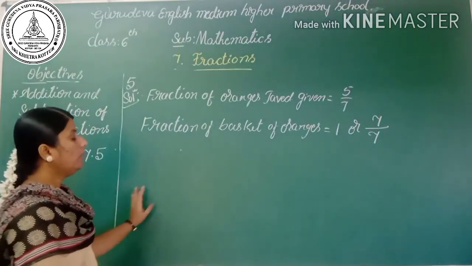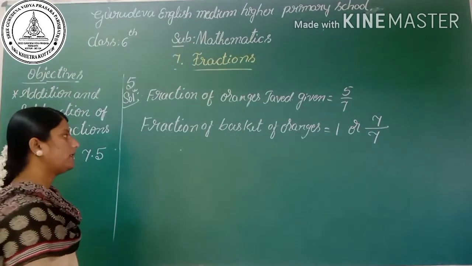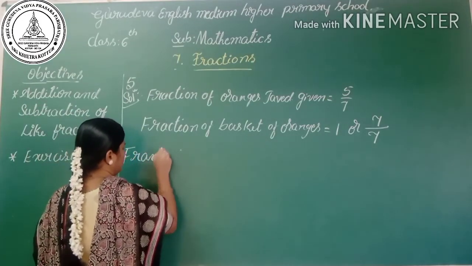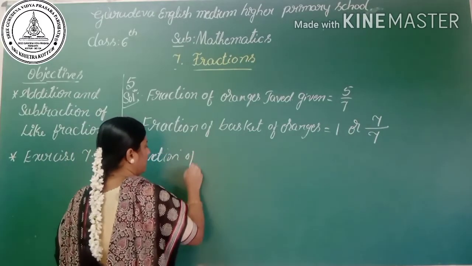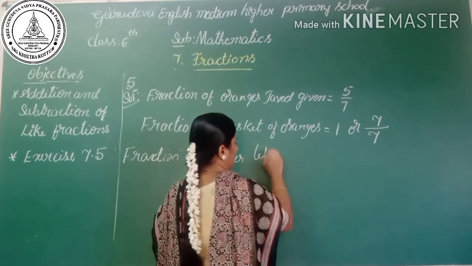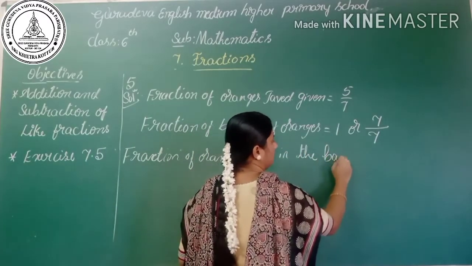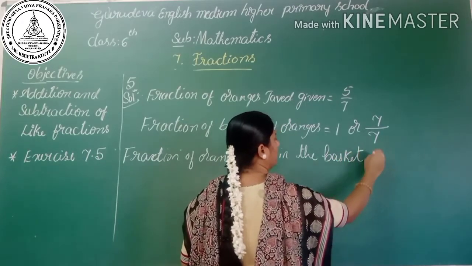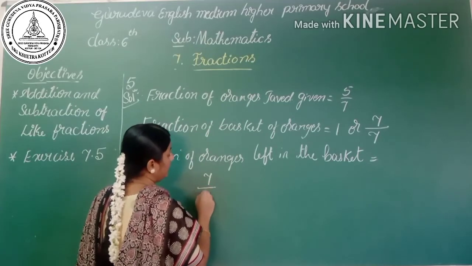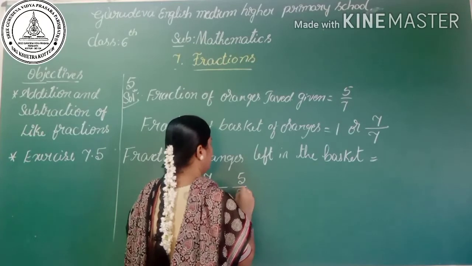Now what do we write? Fraction of oranges left in the basket, which is equal to 7 by 7, the whole, minus 5 by 7.